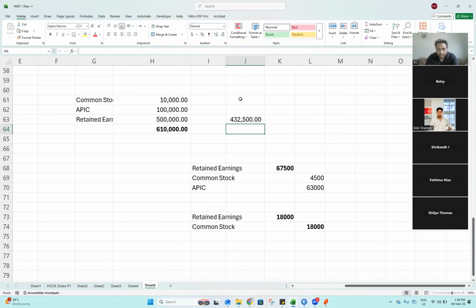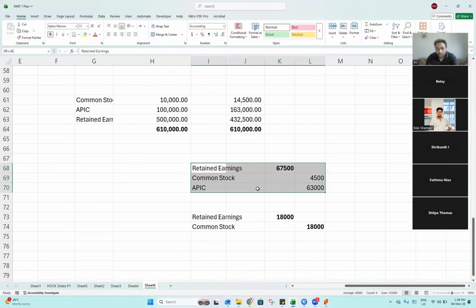Correct. And common stock will increase how much? 4,500. And additional paid in capital will increase 63,000. Correct. So what is the total here? Understood.